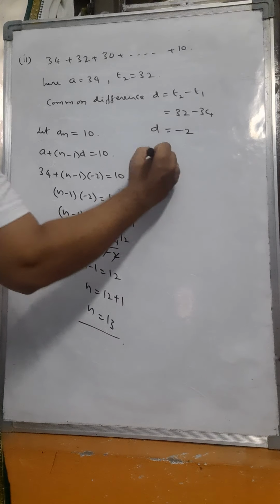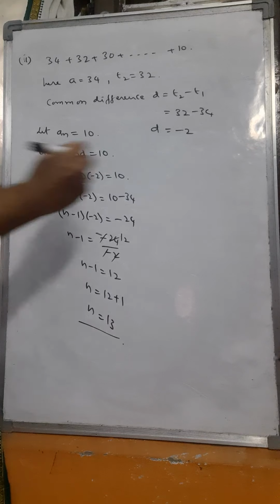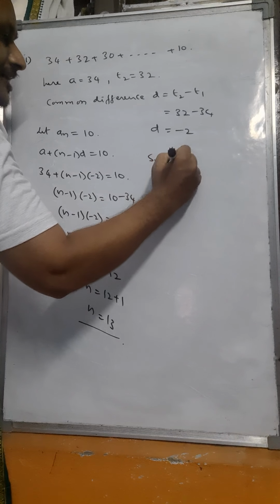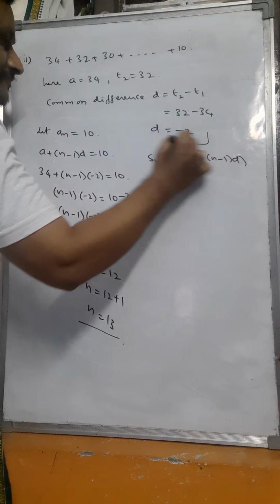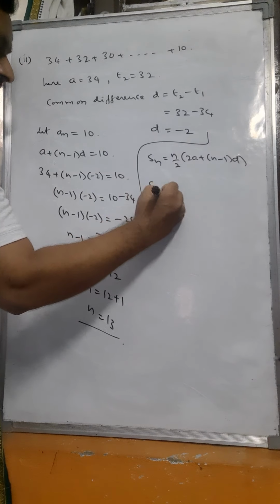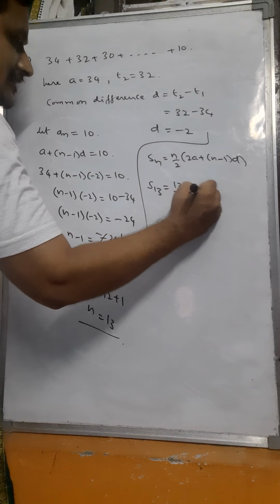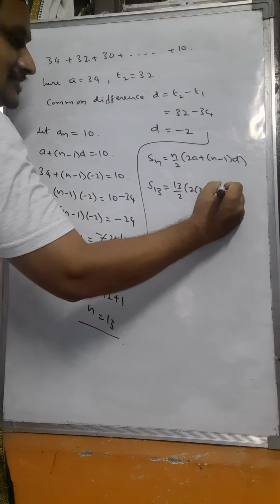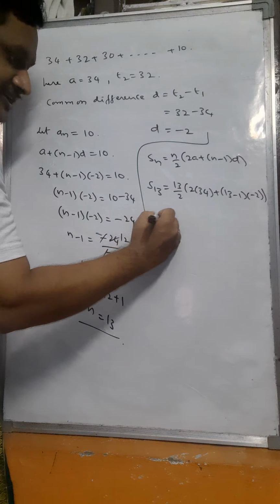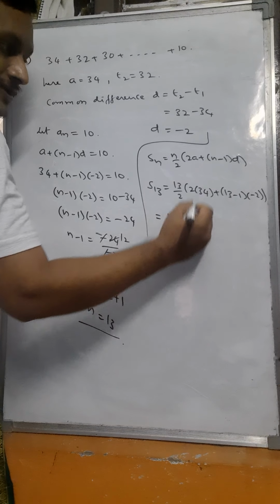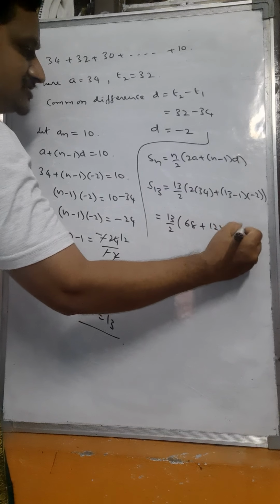So now we have to find the sum of the 13 terms. Here Sn is equal to n by 2 into (2a plus (n minus 1) into d). So S13 means 13 by 2, 2a, 2 into 34, plus (13 minus 1) into d, d means minus 2. So that is 13 by 2 into (68 plus 12 into minus 2).